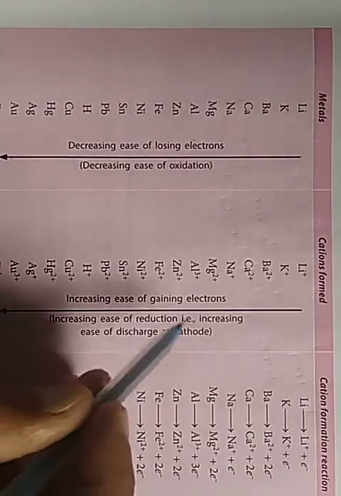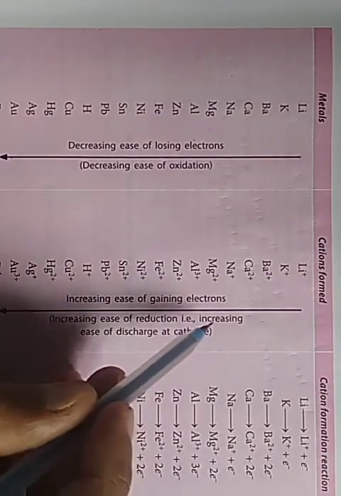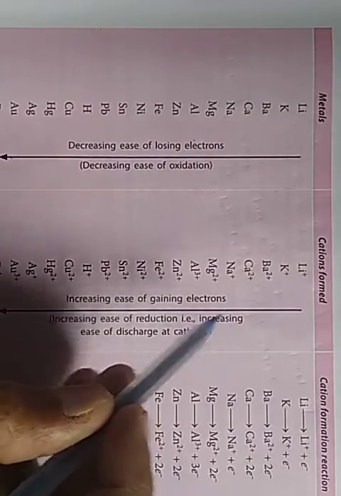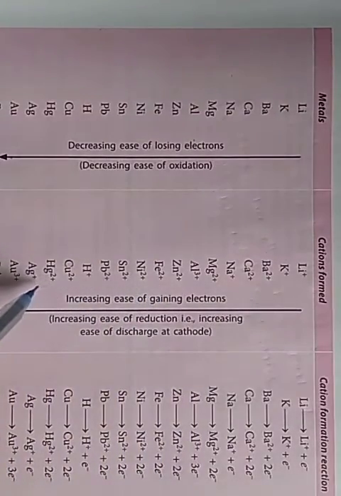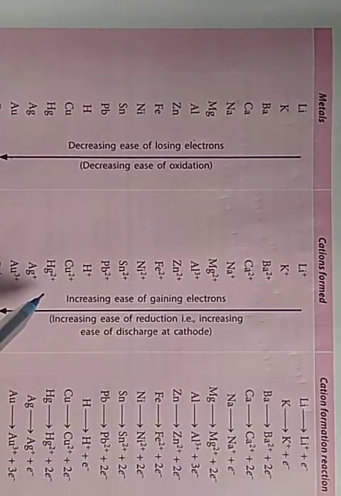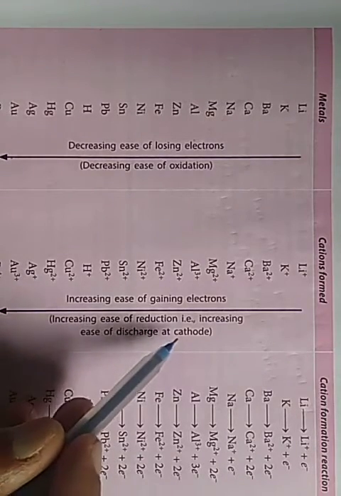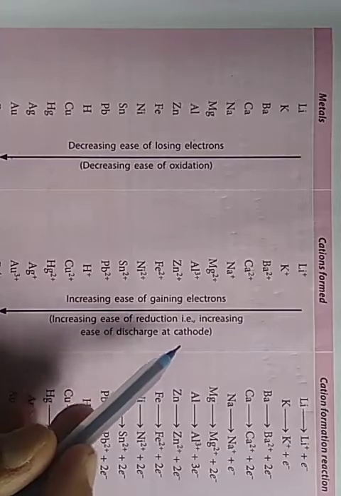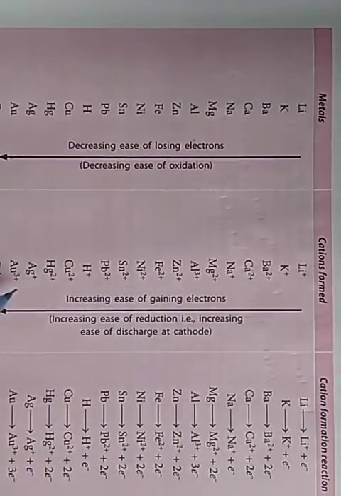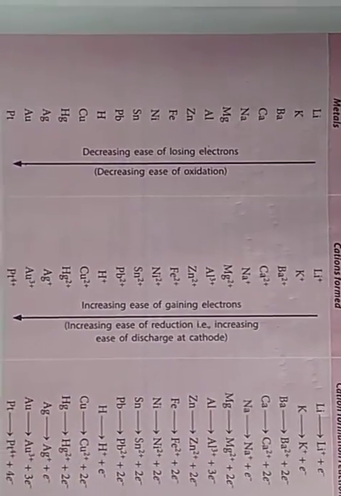So, there is an increasing ease of reduction from top to bottom in the electrochemical series or metal activity series, that is, increasing ease of discharge at the cathode from top to bottom in this series.